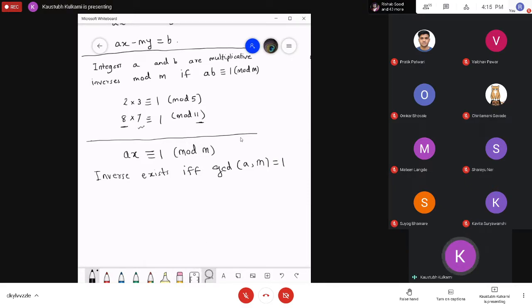The multiplicative inverse of A with respect to modulus M will exist if and only if GCD of A and M is 1.